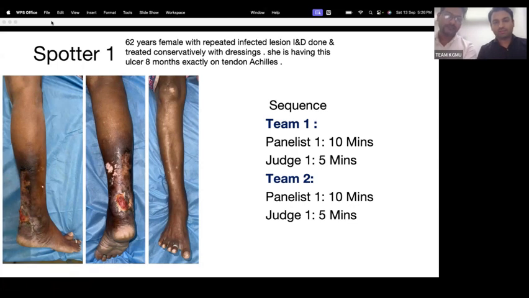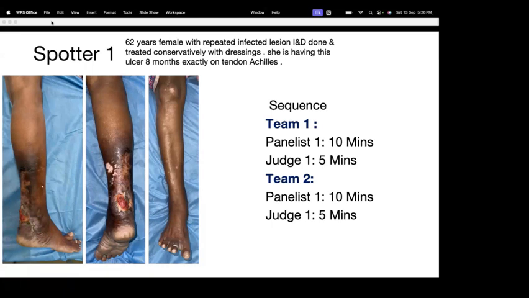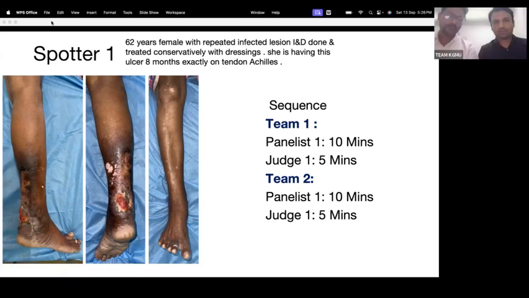What will confirm that you are seeing tendoachilles? Gliding movement of the tendon. So the tendon needs to glide. Okay, I give you 1 mark.